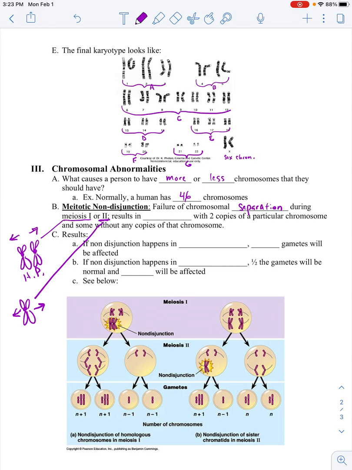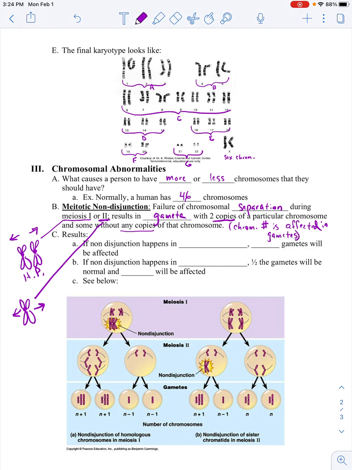And what would end up happening is it would result in a gamete with 2 copies of a particular chromosome, and other gametes would not have any copies of that chromosome. So essentially, chromosome number is affected in the gametes.